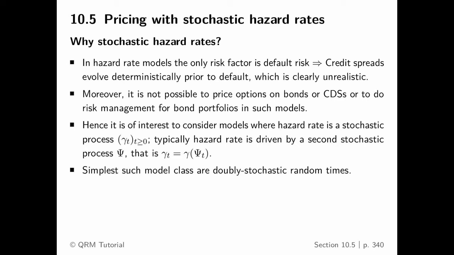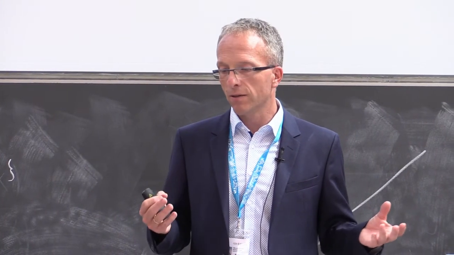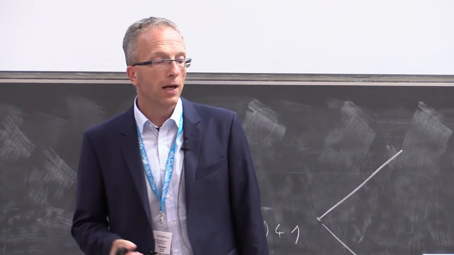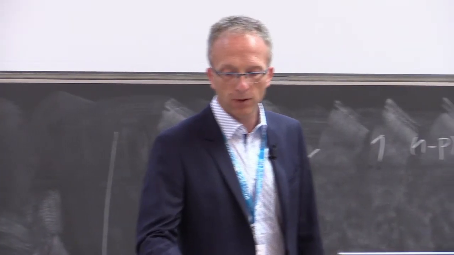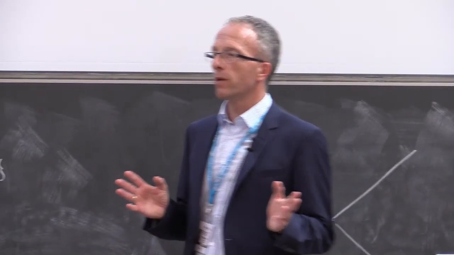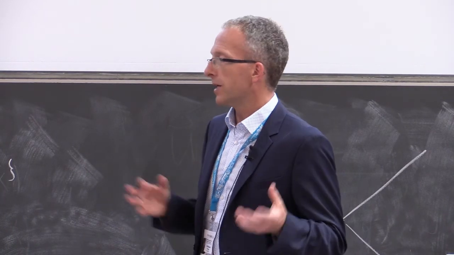But in these models, the only risk factor is default, and there is no real randomness as far as a CDS spread is concerned. As long as the underlying is not defaulted, the CDS spread evolves deterministically. And this is not enough for many things. For instance, you cannot do risk management for bonds because bond prices would evolve in a deterministic manner.